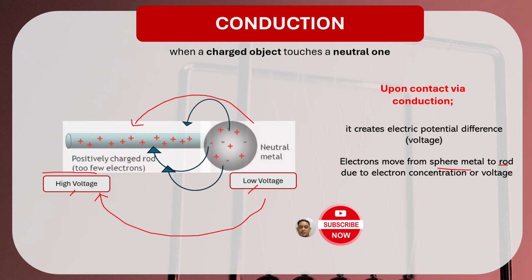It depends upon what concept you use when you explain the transfer of electrons from one object to another. In this case, electrons from the positively charged rod do not transfer to the neutral metal because that does not follow the rule. Electrons flow from low voltage, or high concentration of electrons, to high voltage, or low concentration of electrons.